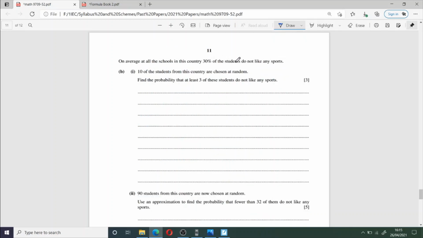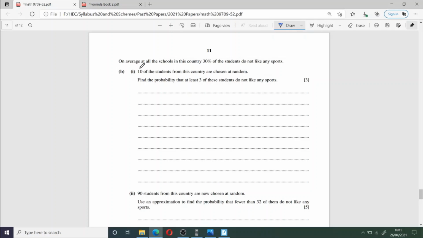Part B of this question seems to go along a slightly different tack. It doesn't seem to relate to the previous part as much. So, we're now talking about all the schools in this country, and 30% do not like any sports. We have 10 of the students chosen at random and a probability that at least 3 of them do not like any sports. To me, this sounds like a binomial distribution question.